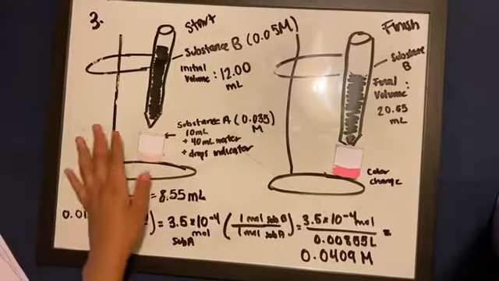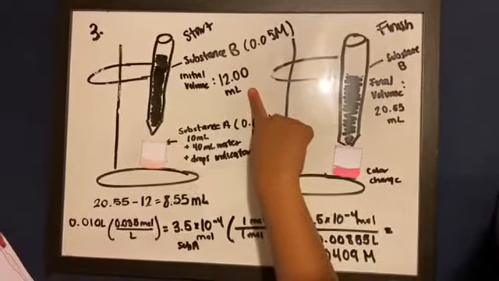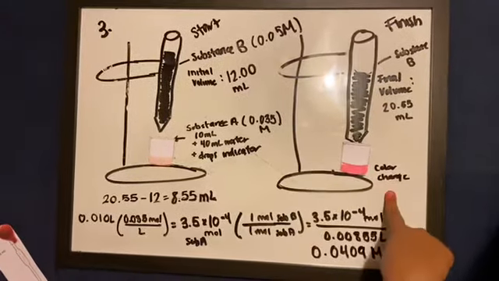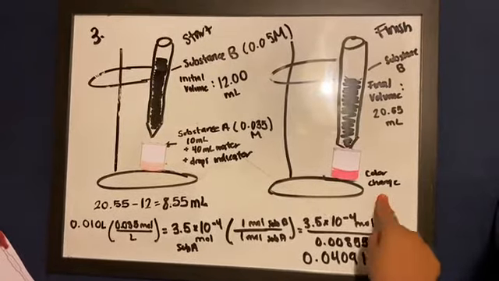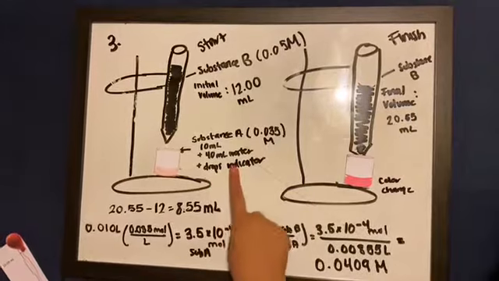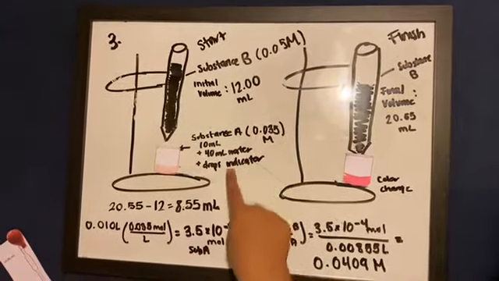And then we titrated them with the initial of 12 milliliters to 20.55 milliliters. We titrated until we saw a color change. This came out to be 8.55 milliliters of substance B titrated into substance A.